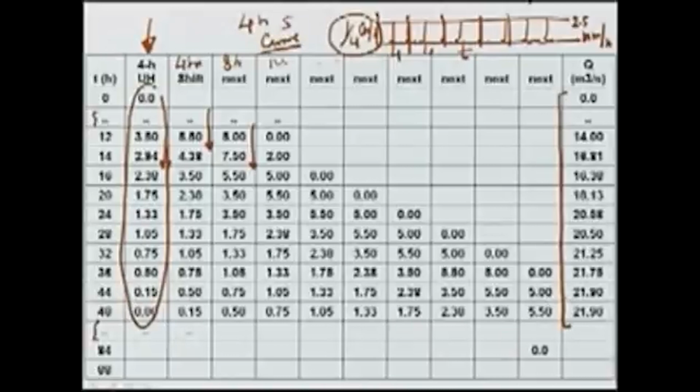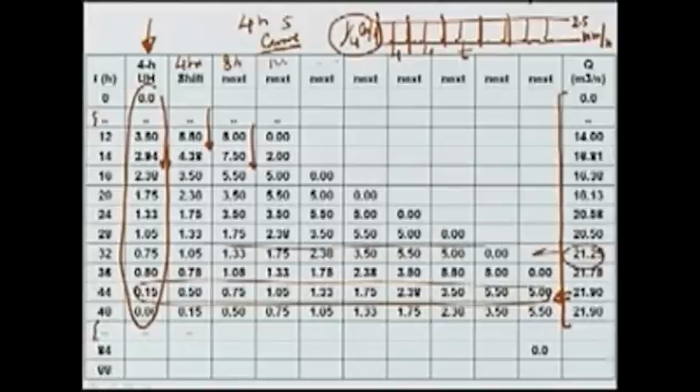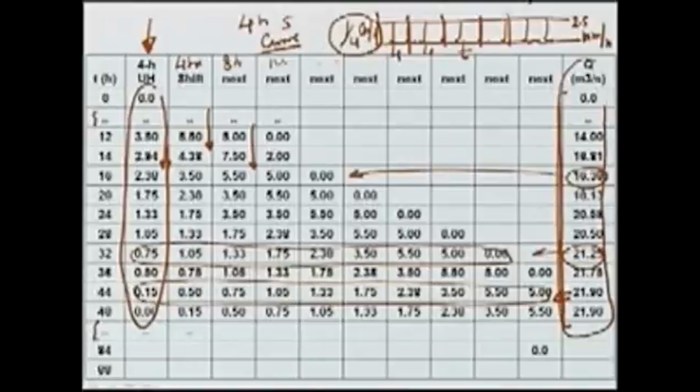So, for example, this 21.9 is the sum of all these columns, 21.25, this is again the sum of all these columns and so on. So, in this way the last column here Q represents the effect of a continuous rainfall of infinite duration with intensity 2.5 millimeter per hour.